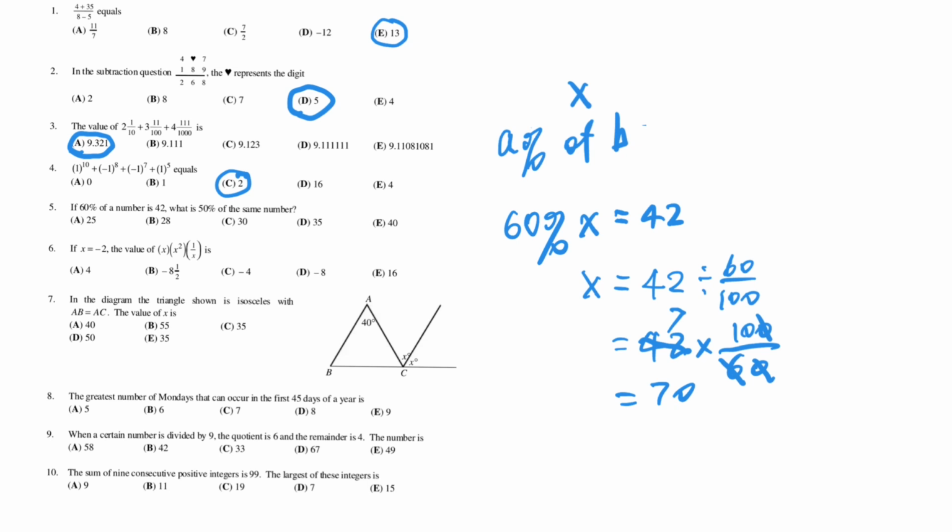And the question is 50% of the same number. We use multiplication: 50% times 70. So 50 over 100 times 70, cancel denominator, gives us 5 times 7, 35. The answer is D.